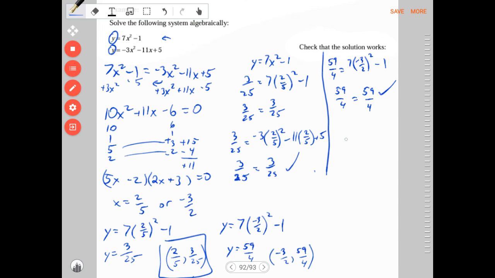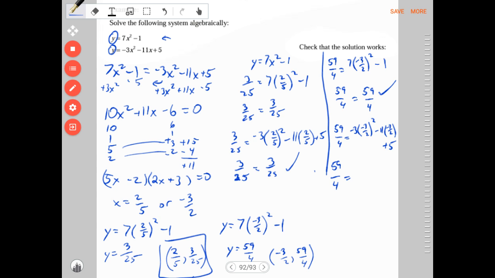In the second equation, 59 over 4 equals negative 3 times negative 3 halves squared minus 11 times negative 3 halves plus 5. Remember, 59 over 4 is 14.75, so you don't have to turn it back to a fraction if you don't want, because we're just verifying.